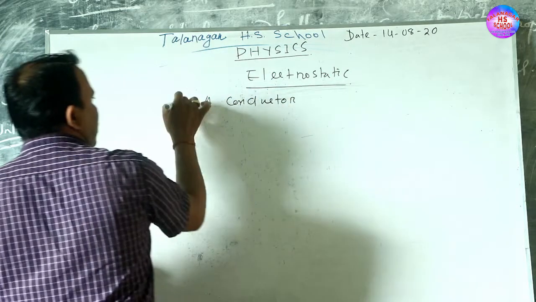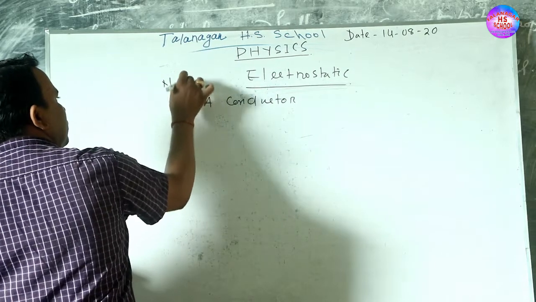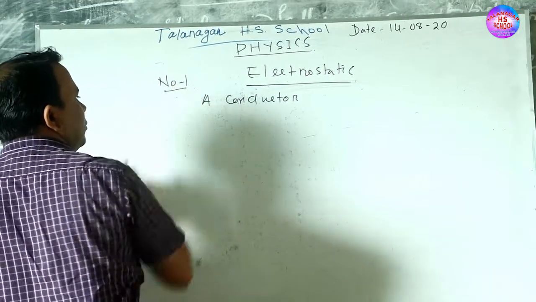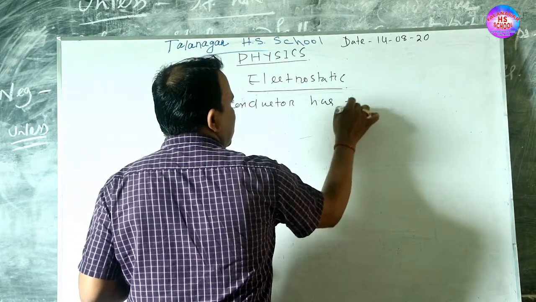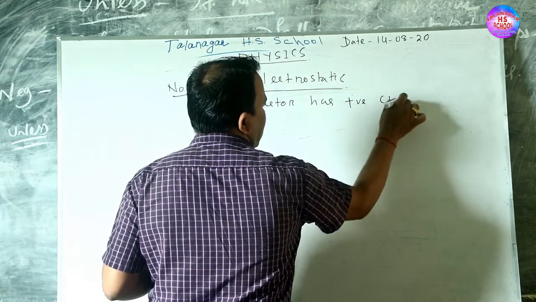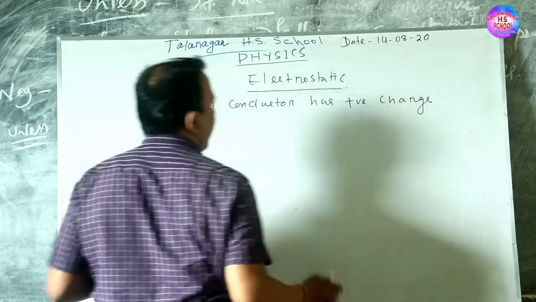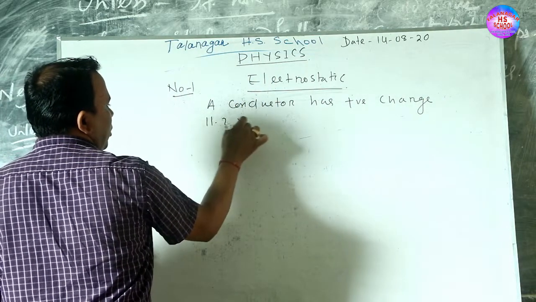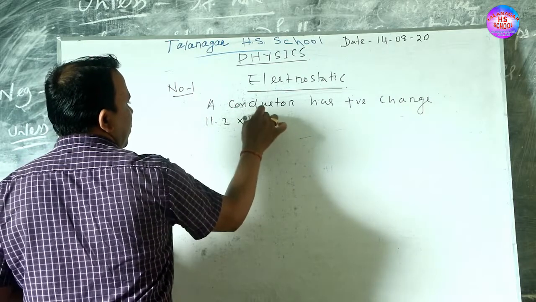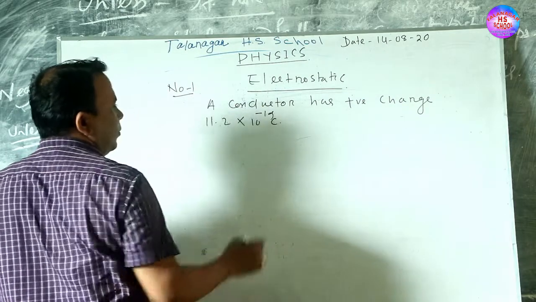Now, a conductor has positive charge 11.2 into 10 to the power minus 19 coulomb.